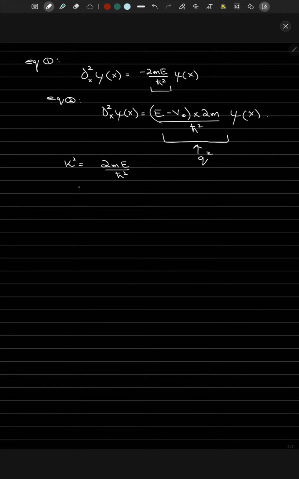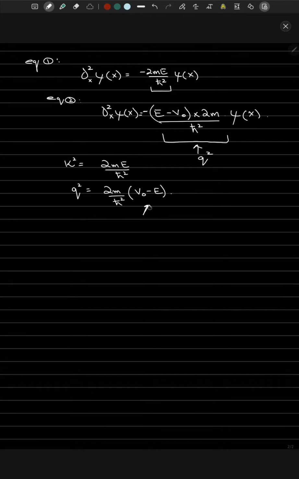So this becomes q squared is 2m over h cut square into v naught minus e, right? So I have basically dissolved this negative sign that comes over here. I've missed it before, so there is a negative sign over here, and I have dissolved it in this way.